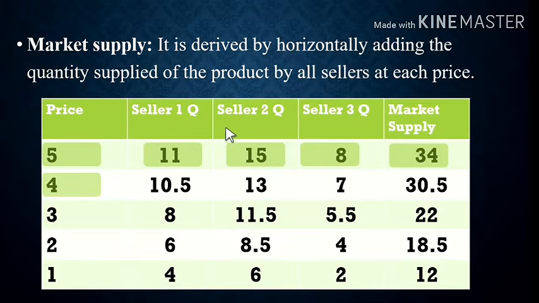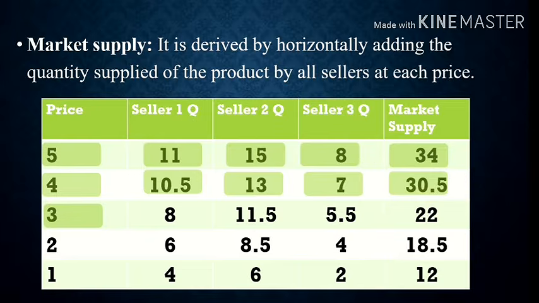So yes, the law of supply applied here. Now let's check the horizontal sum. With a price of 4, seller 1 provides 10.5, seller 2 provides 13, and seller 3 provides 7, so 10.5 plus 13 plus 7 gives you 30.5. The horizontal sum works on this basis.